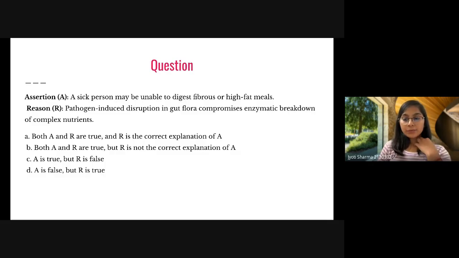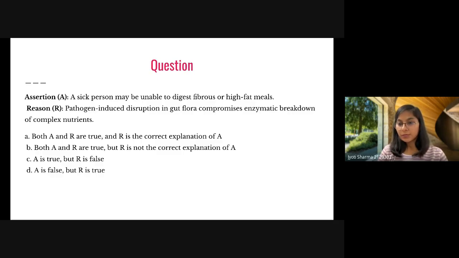And you have to tell me out of these four options: in the first, both A and R are true, and R is the correct explanation of A. In B, both A and R are true, but R is not the correct explanation of A. And in C, A is true, but R is false. And in D, A is false, but R is true.